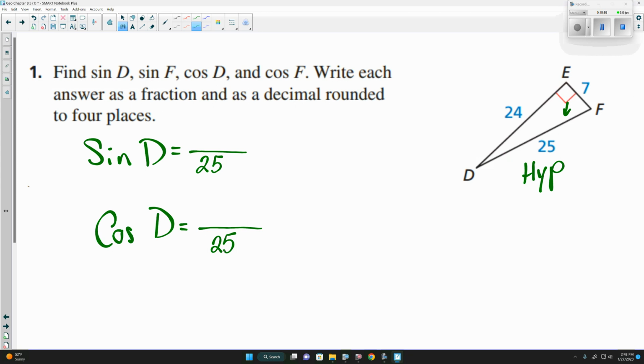Now for angle D, which side is opposite? 7. So sine, which is opposite over the hypotenuse, would be 7 over 25. Cosine is adjacent over hypotenuse, so it would be 24 over 25.